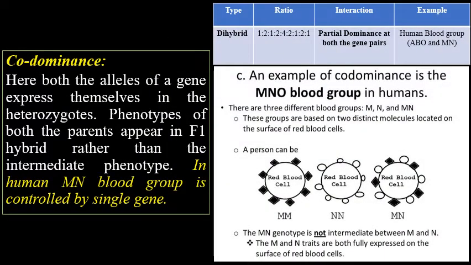The second type is codominance. Here, both the alleles of a gene express themselves in the heterozygote. Phenotypes of both the parents appear in the F1 hybrid rather than an intermediate phenotype. In this, we have taken the example of the human MN blood group, which is controlled by a single gene.